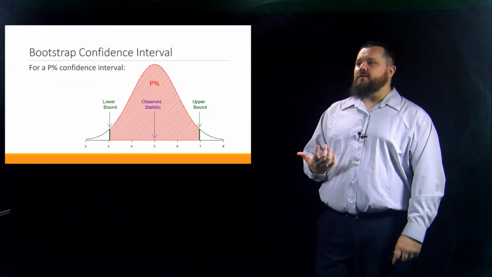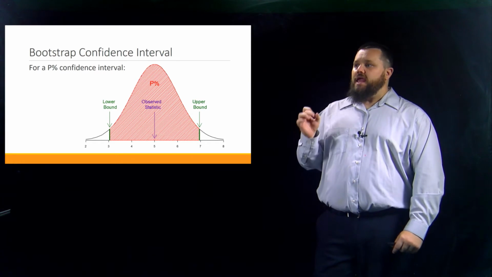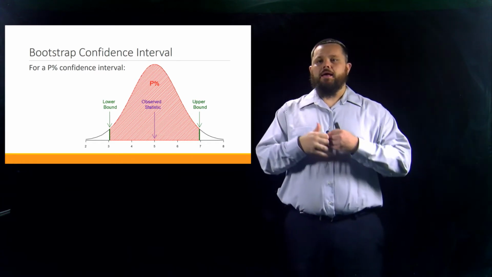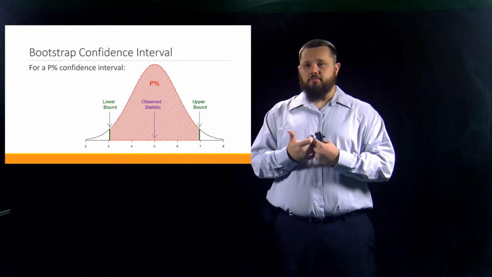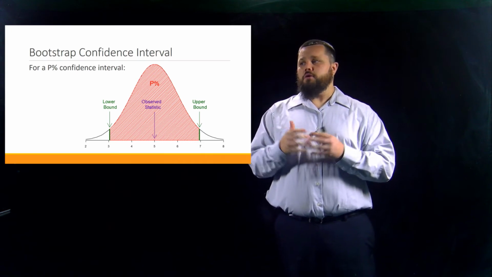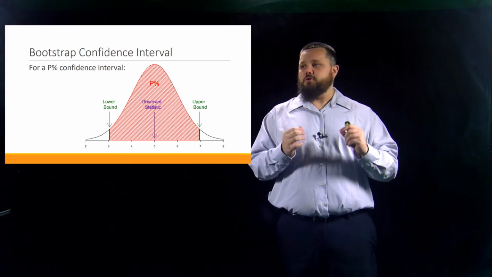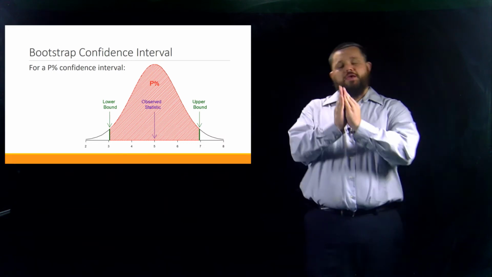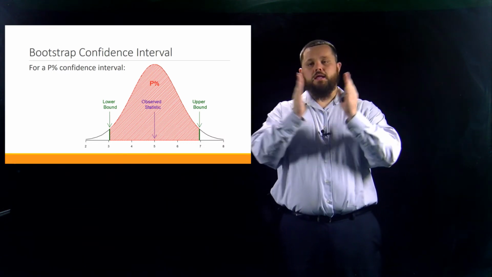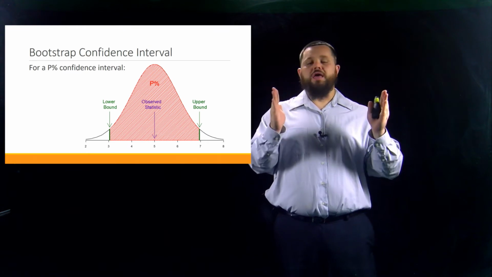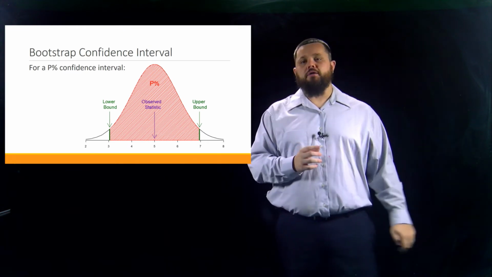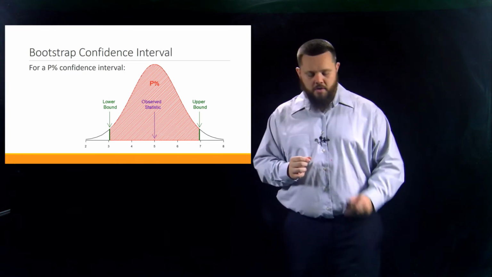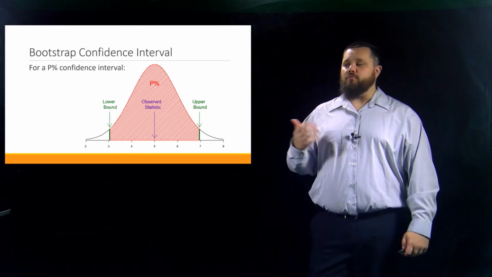Graphically, if we wanted a P% confidence interval, we would want P% to be in the center, and then we would have our upper and lower bounds, which would correspond to whatever percentiles are appropriate.